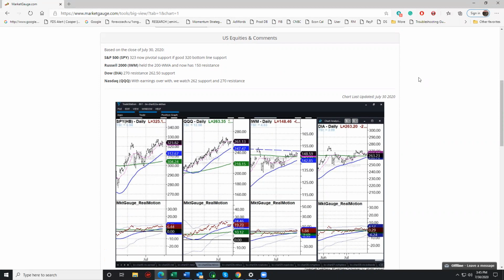We started on the floor doing point and figure charts and certainly have evolved to where we are today, a lot more sophisticated, with a lot more capability, and we've developed two proprietary indicators.